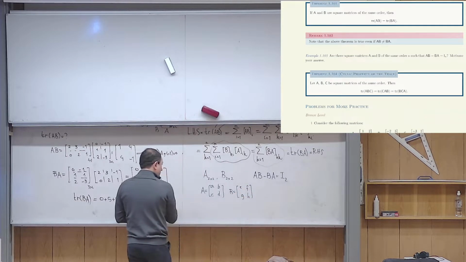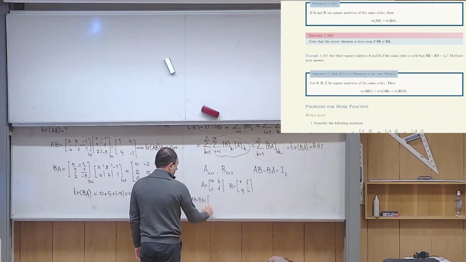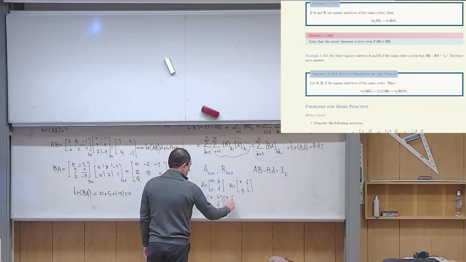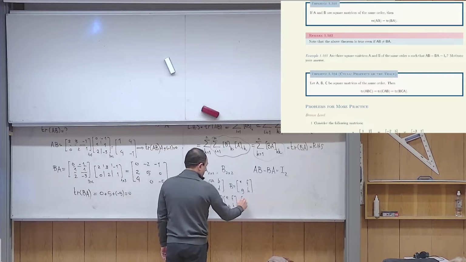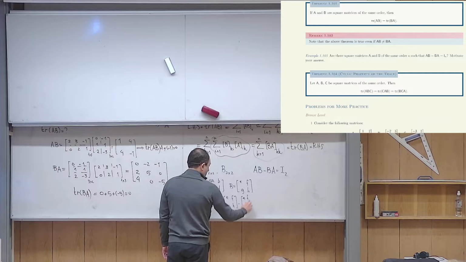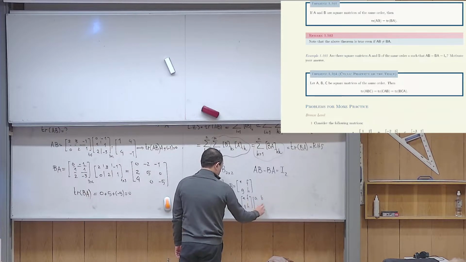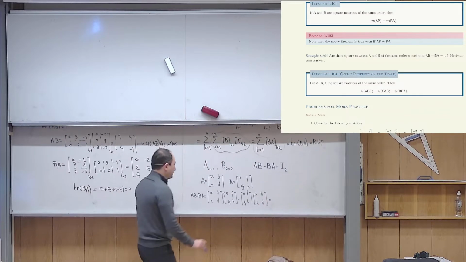Okay, so then what you do, you start calculating AB minus BA to see what happens. So AB is the matrix A, B, C, D multiplied by E, F, G, H, and then minus the other way around: E, F, G, H times A, B, C, D. Okay, so what happens here?